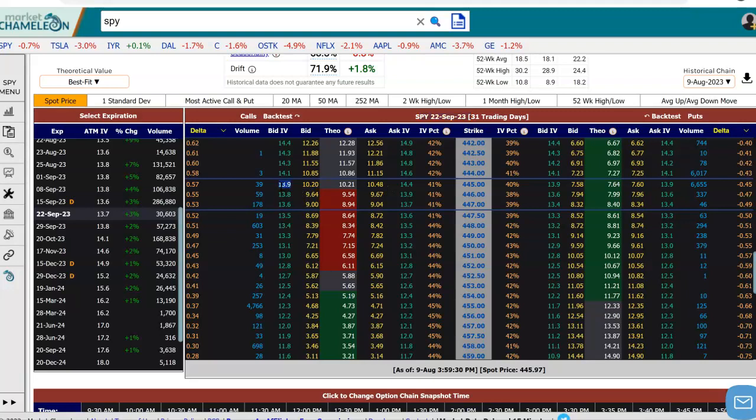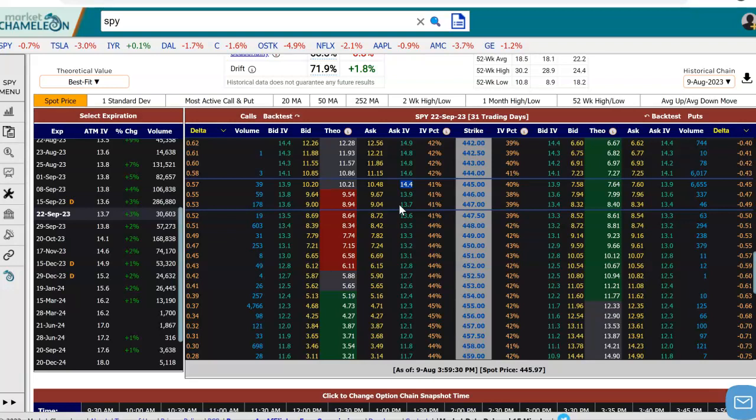So each option price has its own unique implied volatility. And here we could see that the implied volatility in the bid is 13.9 and the ask is 14.4. So let's just say that this particular option, the midpoint is 14.1, 14.2 implied volatility.